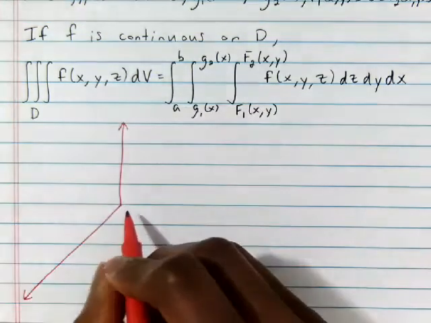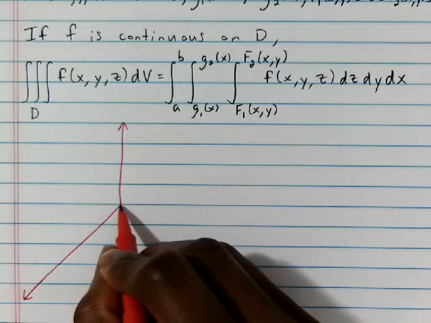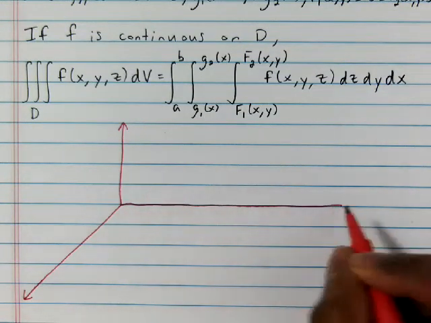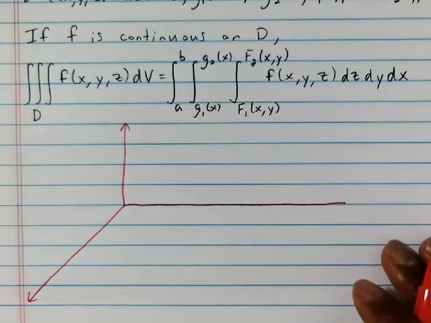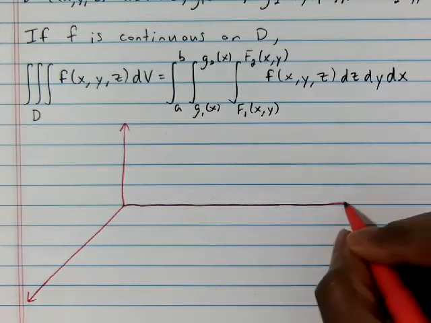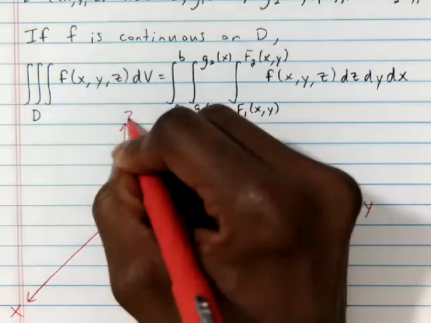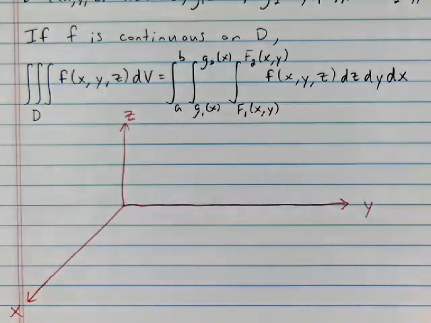I'm going to make this kind of big because there are going to be quite a few details to our picture, which is why I'm only going to do one of these, because I don't want to spend all of our time drawing. I want to do some examples.